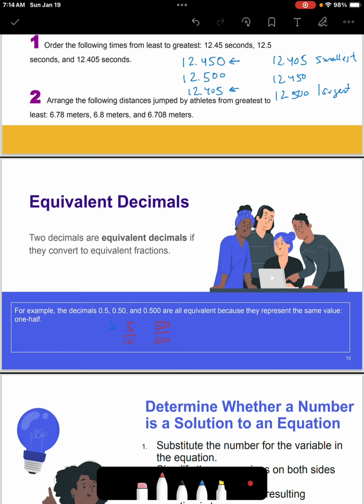And 0.500, that's thousandths, so it's 500 over 1,000. And if you remember your rules, you can cancel off the zeros on the top and the bottom. So each time we're left with 5 over 10, which is the same as 1/2.